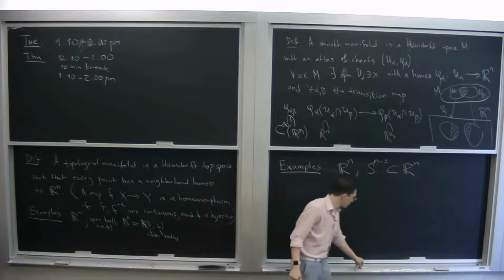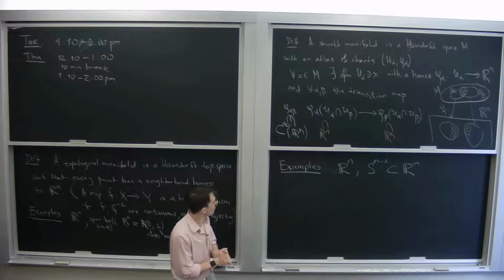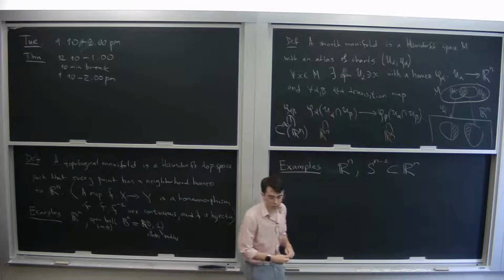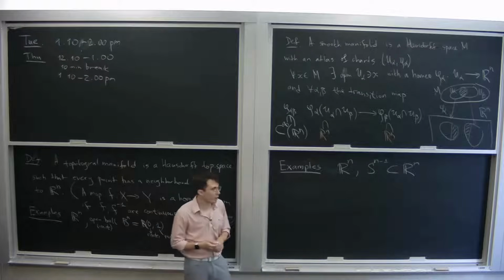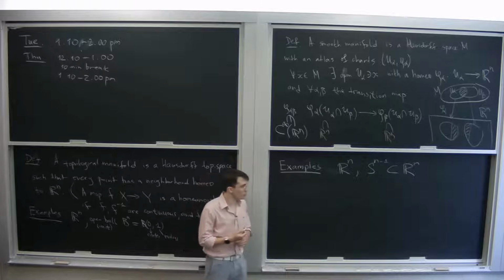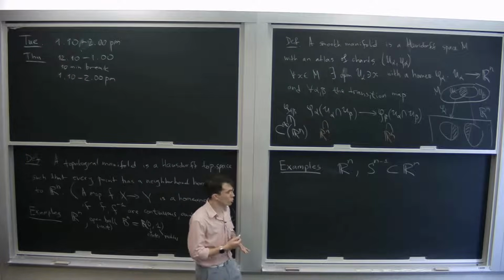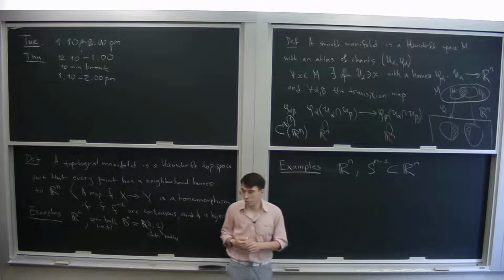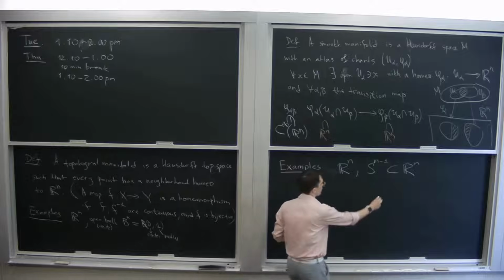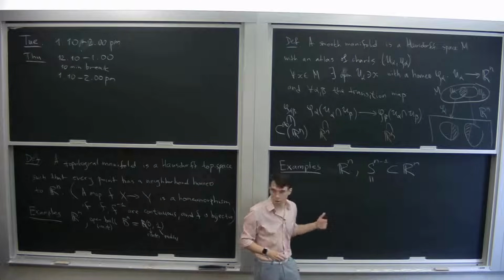Sometimes submanifolds can be defined by some system of equations, right? Those equations can be polynomial, or not, generally. So for example, Sn minus 1 is determined by just one equation, right?